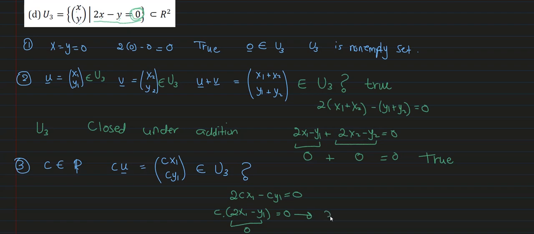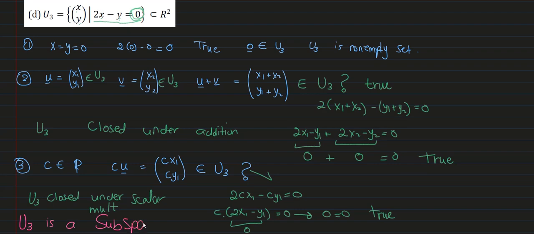Therefore, this statement is 0 equals 0, which is true. Then what I was looking for is also true. Therefore, U3 is closed under scalar multiplication, and we can conclude that U3 is a subspace, because the three conditions are fulfilled.